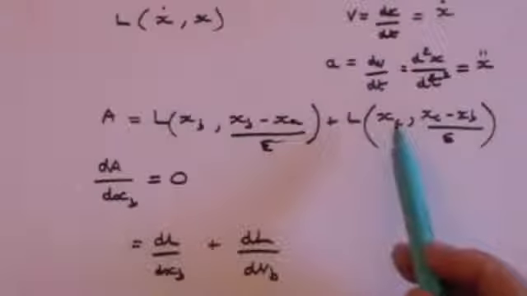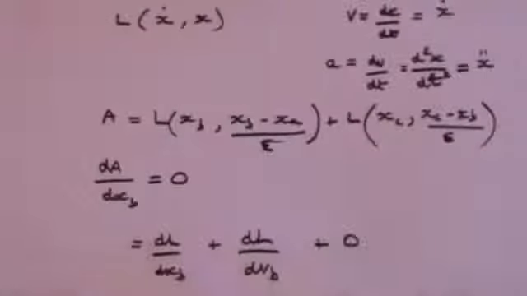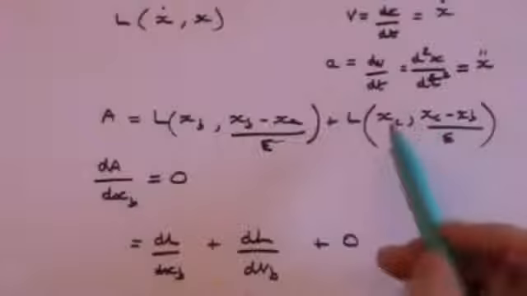The Lagrangian is dependent on point xc, but xc is fixed. So it doesn't matter how much you change anything, xc doesn't change. So xc does not vary with respect to xb.